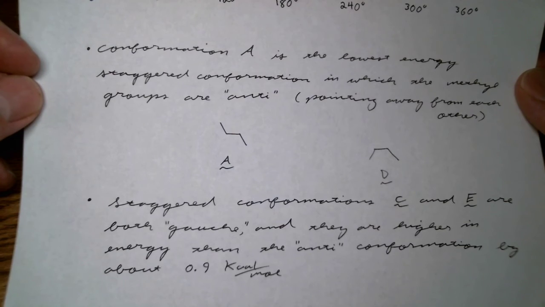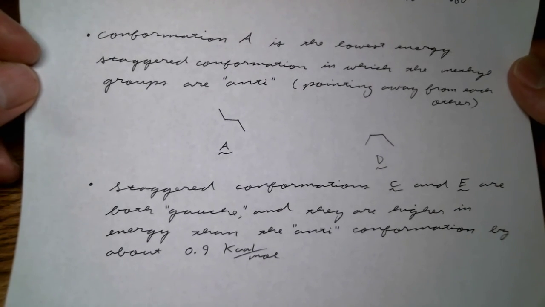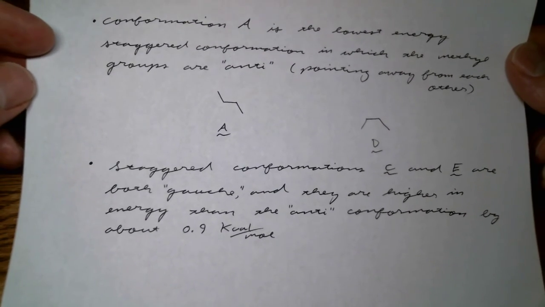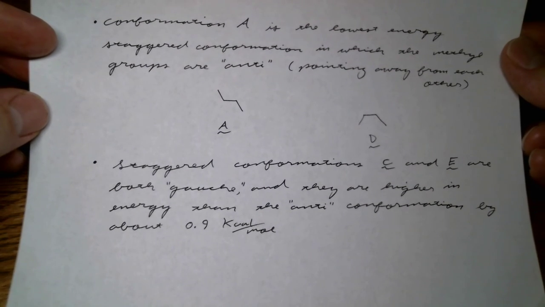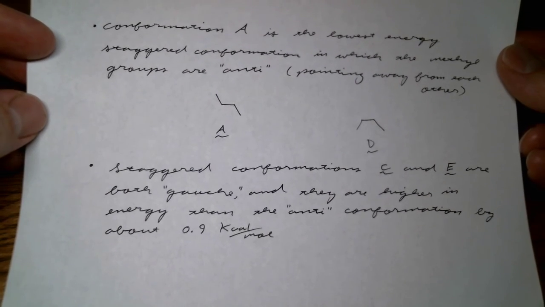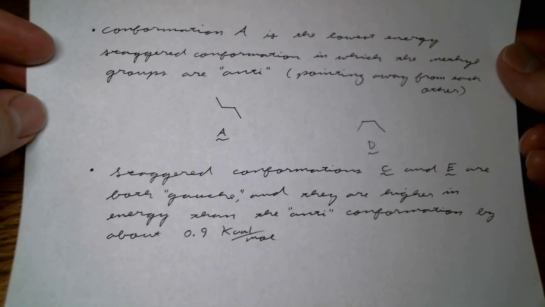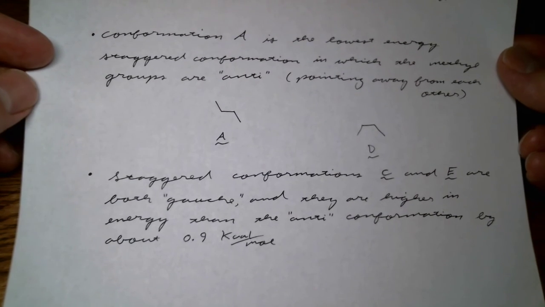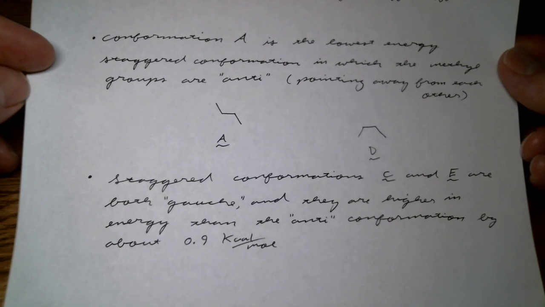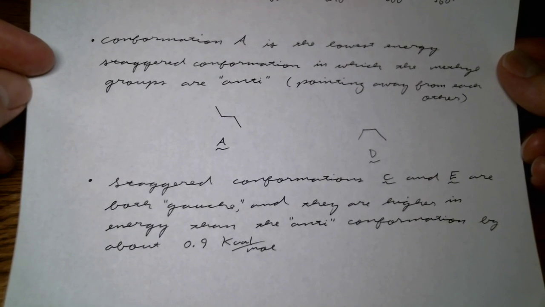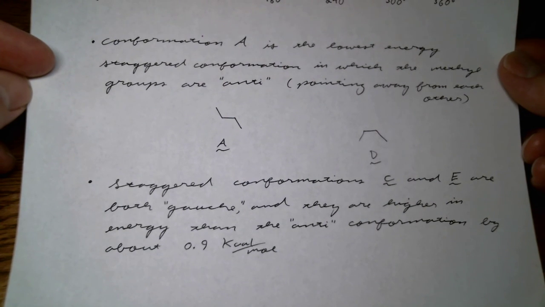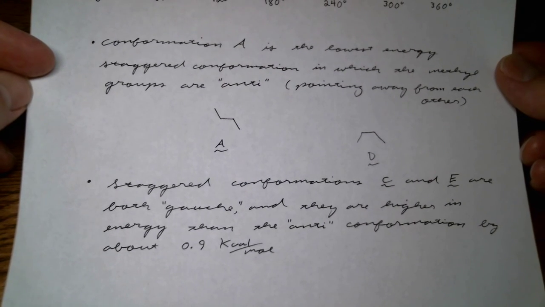Staggered conformations C and E are both gauche, and they are higher in energy than the anti conformation by about 0.9 kcals per mole. So that pretty much concludes this video, and we'll see why these conformations are important when we look at cyclohexane conformers and consider other energetics for these interesting organic molecules.